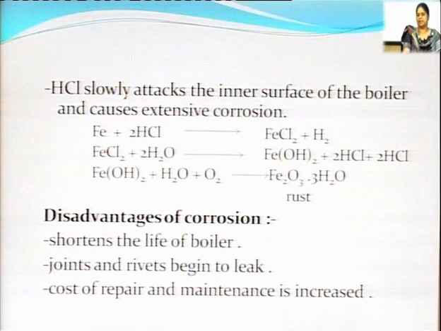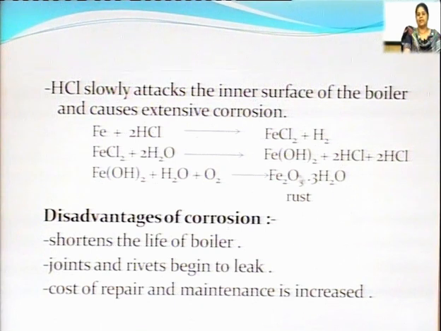Iron reacts with HCl to give iron chloride and hydrogen gas. This iron chloride reacts with water to form hydroxide of iron. Further, HCl is released in this process. Then iron hydroxide reacts with oxygen and water present in the water to form rust.